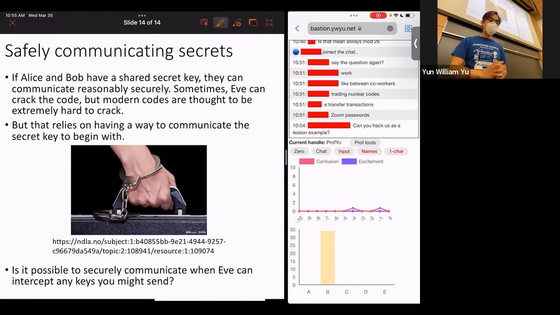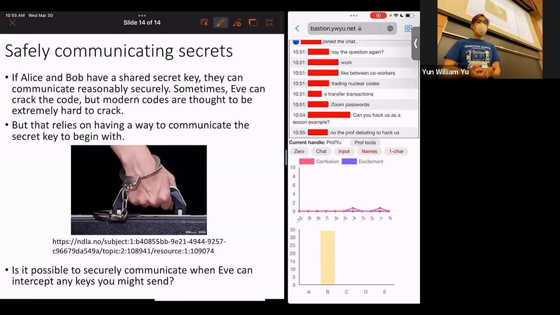And can you hack us as a lesson example? I mean, that's sort of what I was having you all do today, right? When I had you decrypt a message without knowing the key, that's one of the things a hacker basically does. Let's say you're sending your credit card number to a bank. If a hacker could intercept your message there and decrypt it, they would have hacked your credit card number.